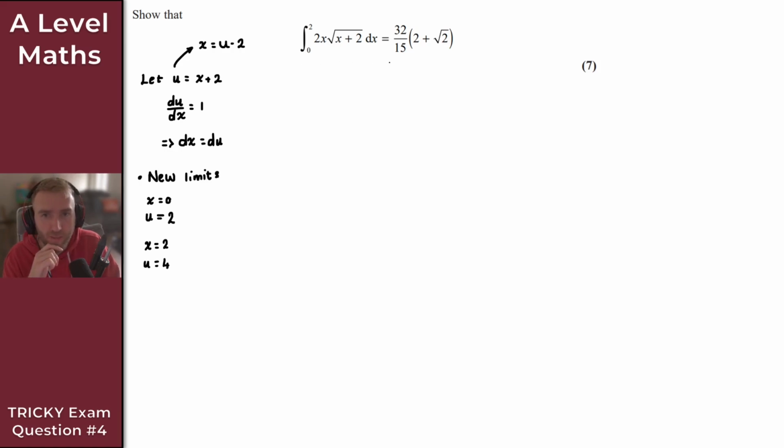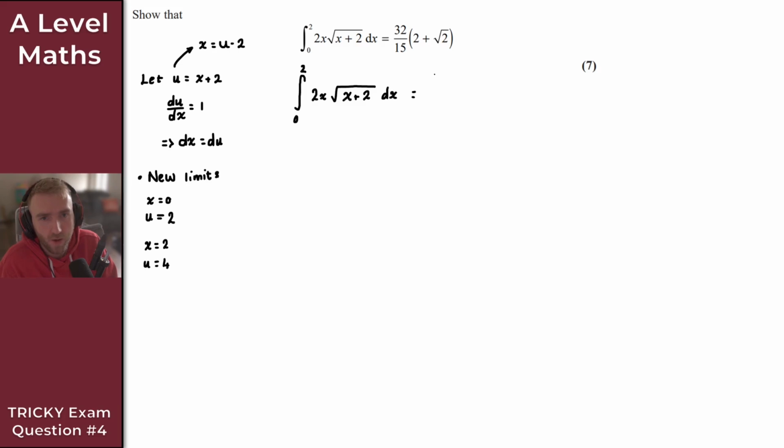Let me start by writing down this integral. We go from 0 to 2 of 2x times the square root of x plus 2, integrating with respect to x. Now let's rewrite the integrand using all of our substitutions and our new limits.